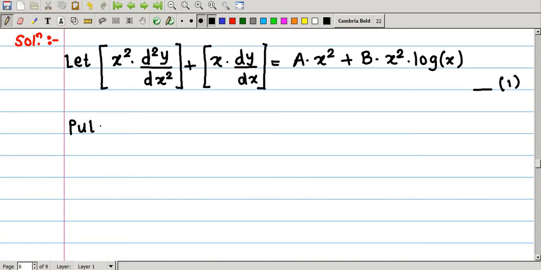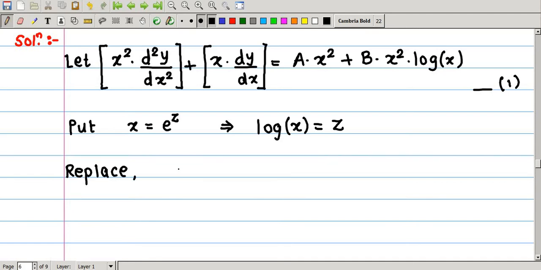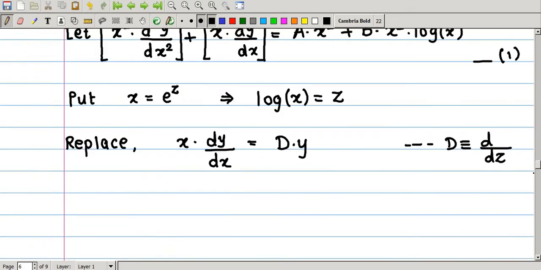So we substitute the variable coefficient x equal to e raised to z. This implies the value of log x will be z. By using this substitution, we can replace the variable coefficient terms in the given differential equation: x into dy by dx will be replaced by D into y, where this D represents the derivative with respect to the new variable z.